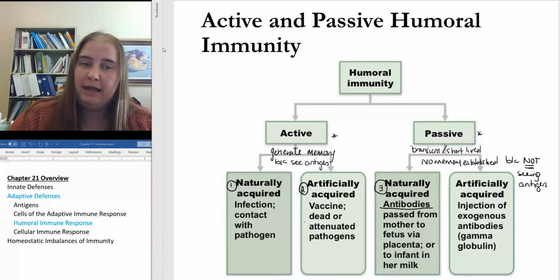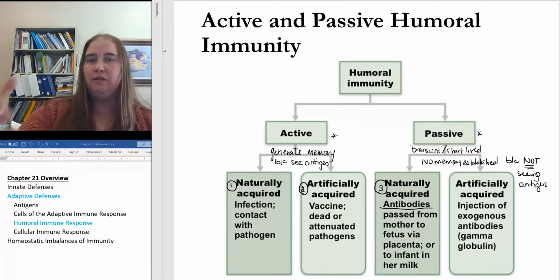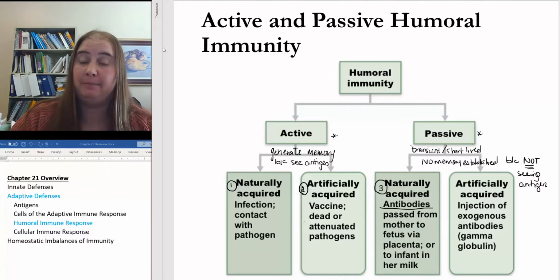So in that case, we're not giving the infant the cells or the memory or the pathogen or the antigen. We're just giving them the antibody. So as long as you're breastfeeding, that baby will have that protection. The minute she stops, that antibody is gone.